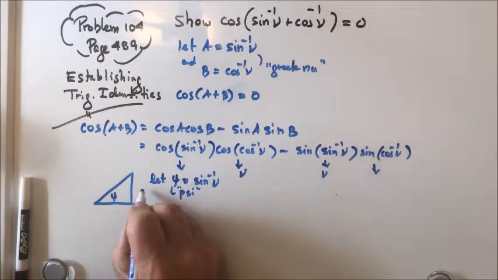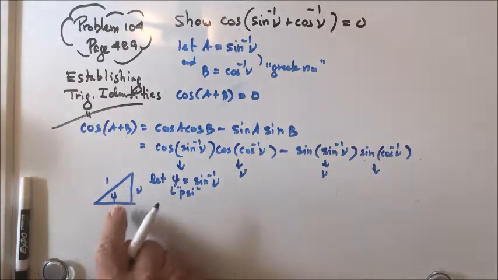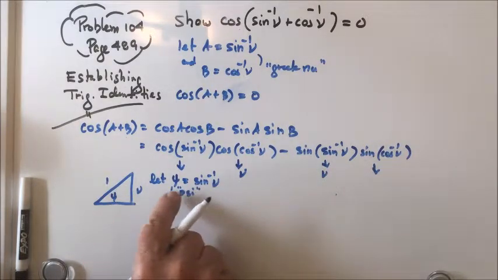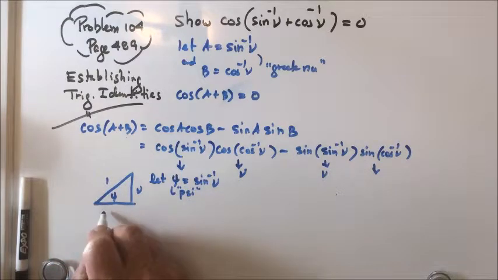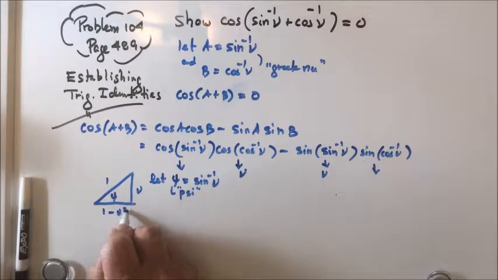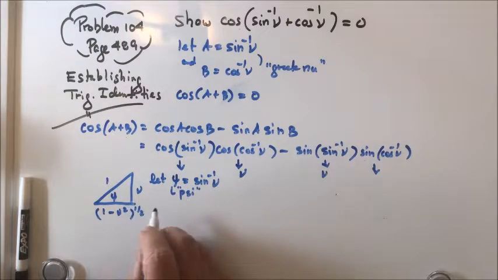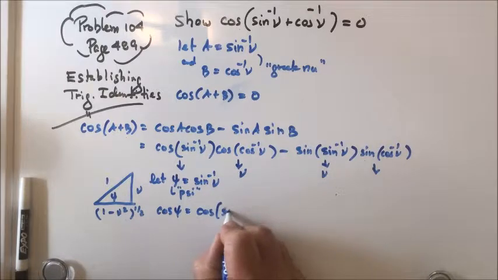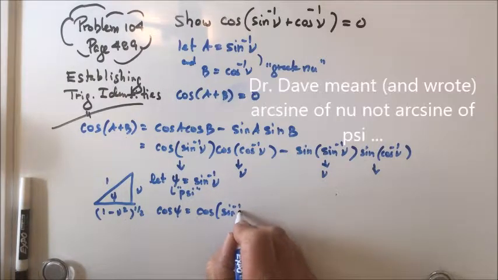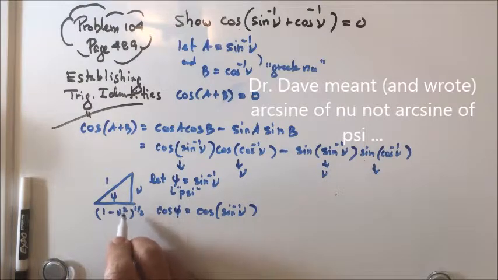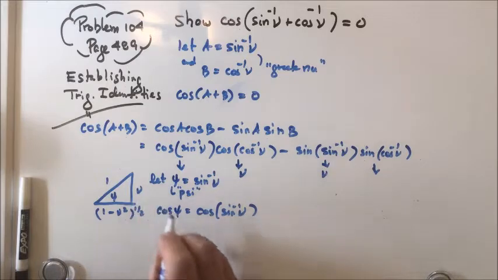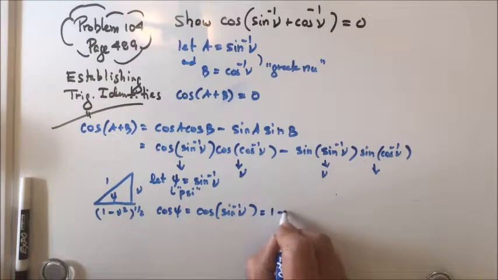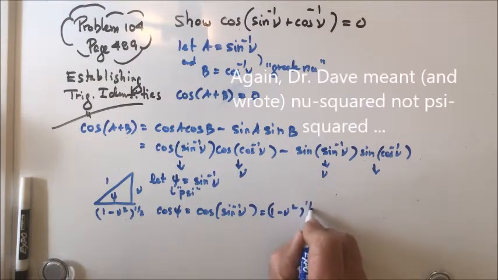And what do I want? I want a nu over here and a 1 over there such that the sine of psi is nu. And if it works like that, then 1 minus nu squared to the 1/2 goes down here. And that means that the cosine of psi, which is equal to the cosine of the arc sine of nu, is equal to the adjacent over the hypotenuse, or 1 minus nu squared square root.